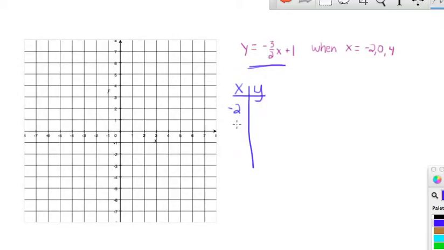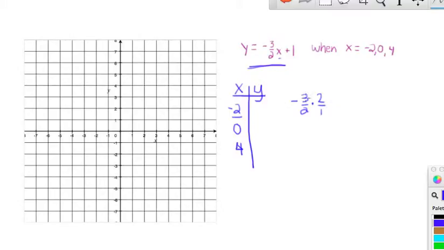So all you're going to do is for each number they give you, plug it into the equation. So take your x is -2 and plug it into your equation for x. So you'll have -3/2 times 2, plug x in, and then add 1. Multiplying fractions, it's no problem.